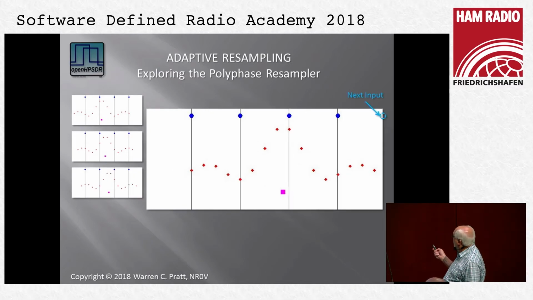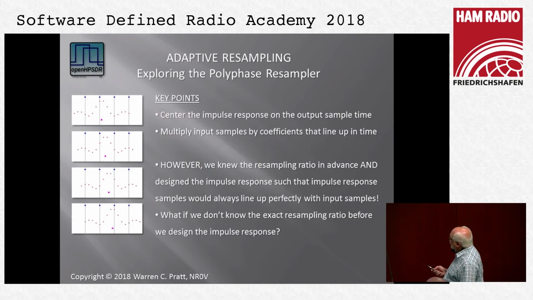Now we're ready for our next input sample, and we just keep shifting the impulse response, keep generating outputs. The key points: we always centered the impulse response on the time where we wanted the output, and we multiplied by coefficients lined up exactly in time with the input samples.